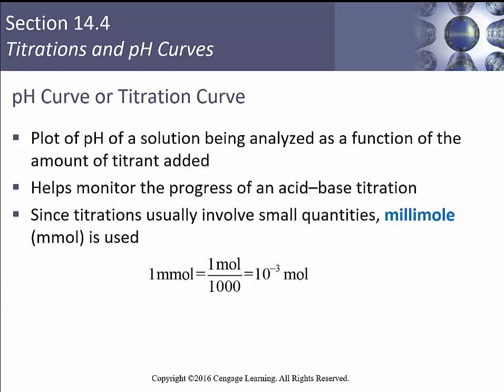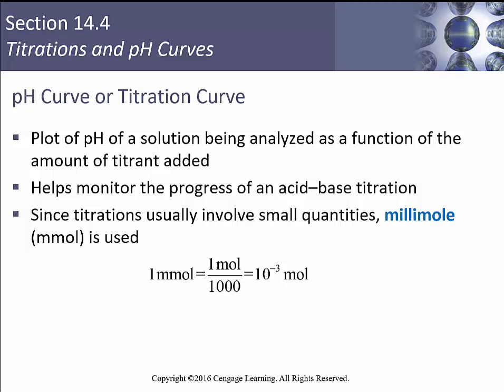A pH curve, or a titration curve, is the plot of pH of a solution being analyzed as a function of the amount of titrant added. It helps to monitor the progress of an acid-base titration. Since titrations usually involve small quantities, oftentimes millimoles are used, where 1 millimole is 1 mole divided by 1,000. The reason is that oftentimes you're not going to use liter-type volumes.